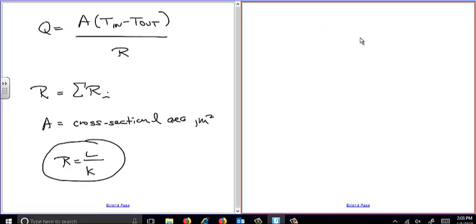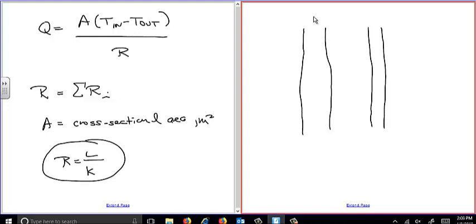So let's say I give you a composite wall of some kind. I'm not going to give you exactly this composition. Styrofoam, you spell styrofoam.